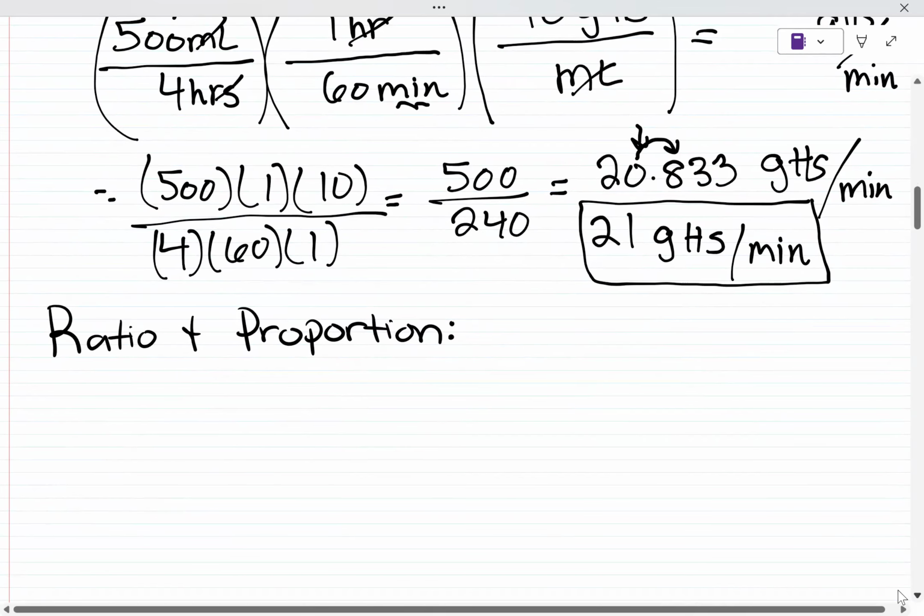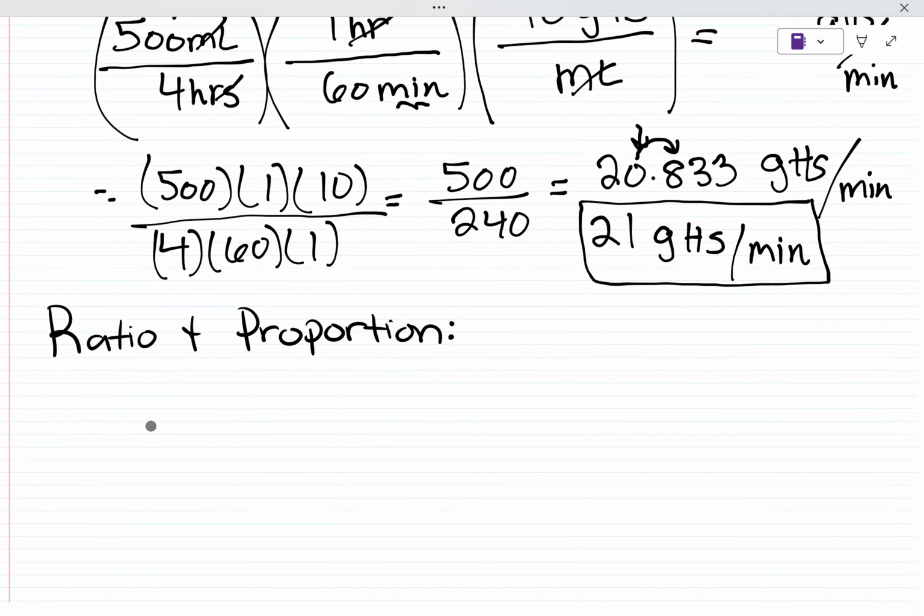If you want to do ratio and proportion, we were given 500 mL over 4 hours. The first thing I would do is figure out how many drops are in 500 milliliters.